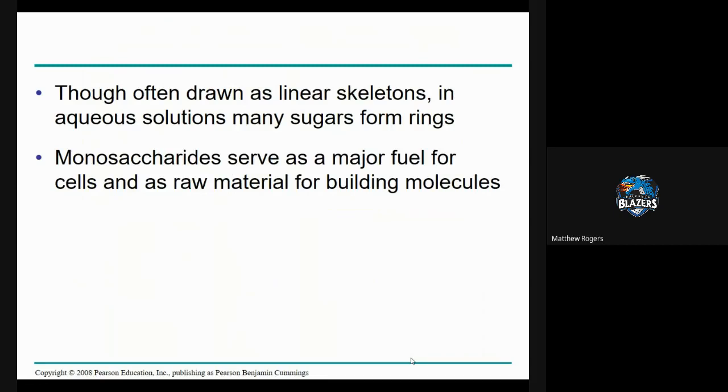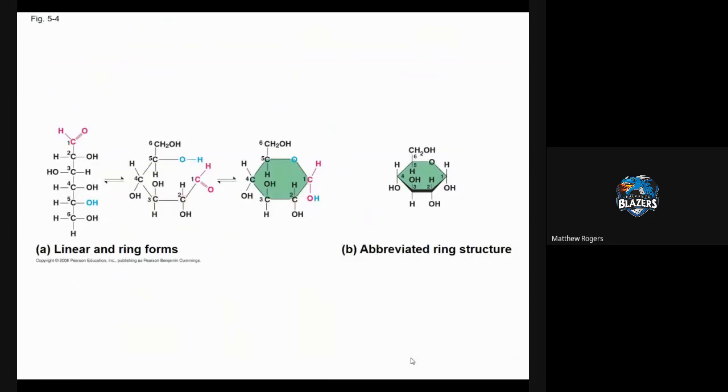So looking here, we can have monomers. We can show them in either rings or in line formats. They usually form rings when they go into water, aqueous formations. Typically in biology, everything's in water, so you're going to see a lot of ring structures, being honest with you.